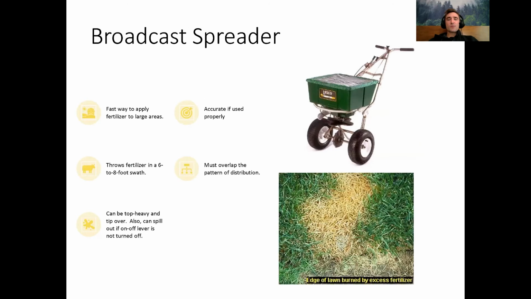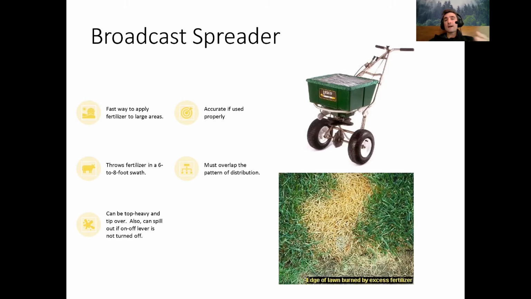The next step up as far as accuracy as well as cost is a broadcast spreader that is typically based on a larger hopper and it's on wheels. This is a very fast way to apply fertilizer to large areas, and it can be very accurate if used properly because you can see the distance of throw and you can basically walk at a steady pace over the entire area.